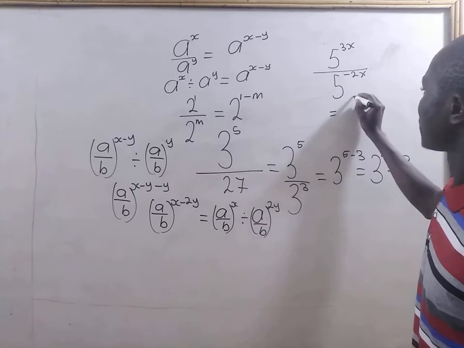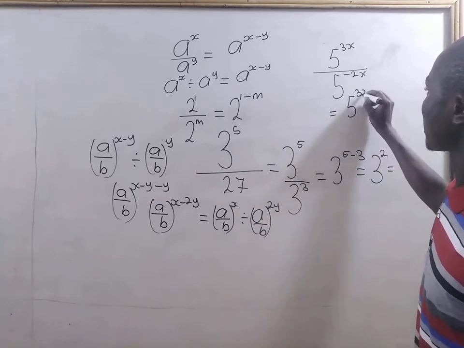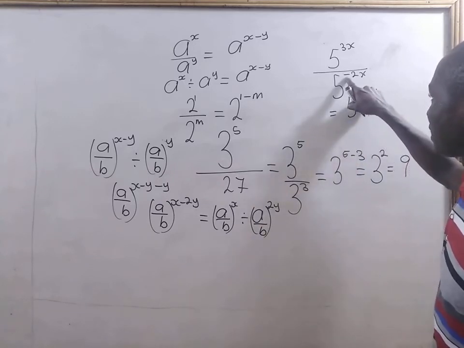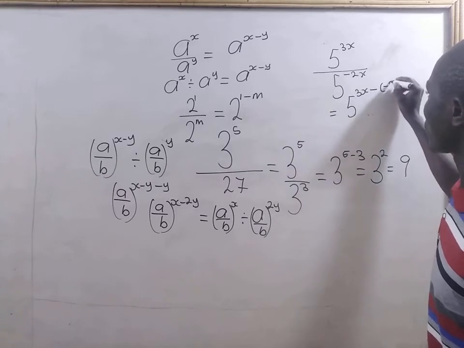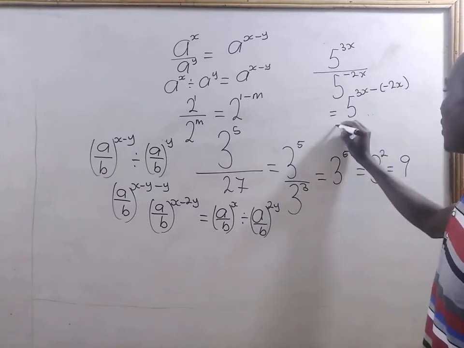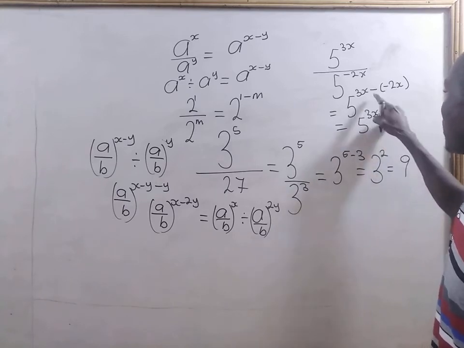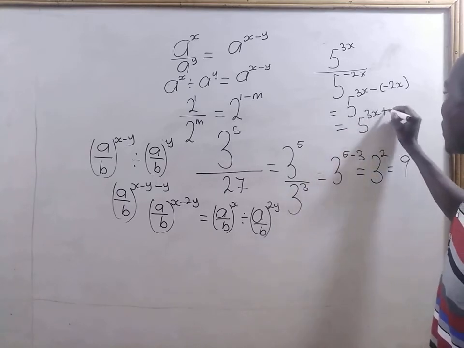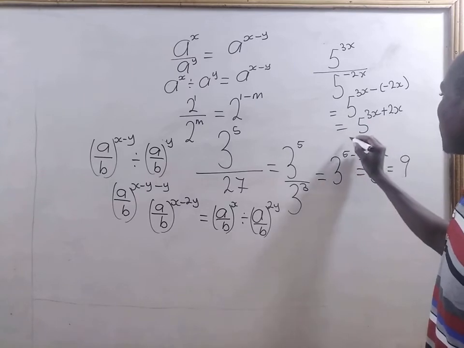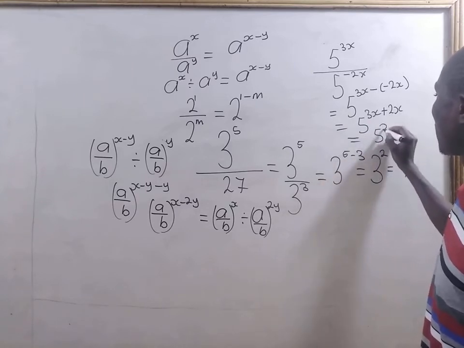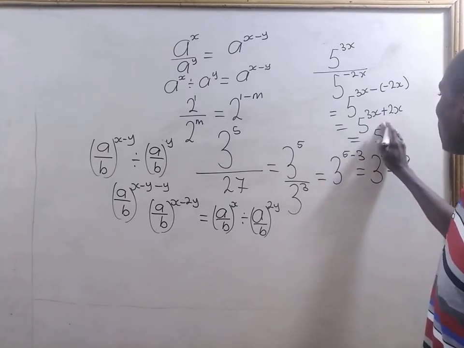So this is the same as 5 exponent 3x minus, there's another minus here. So minus 2x, and that will give me 5 exponent 3x plus 2x, and that will give me 5 exponent 5x.